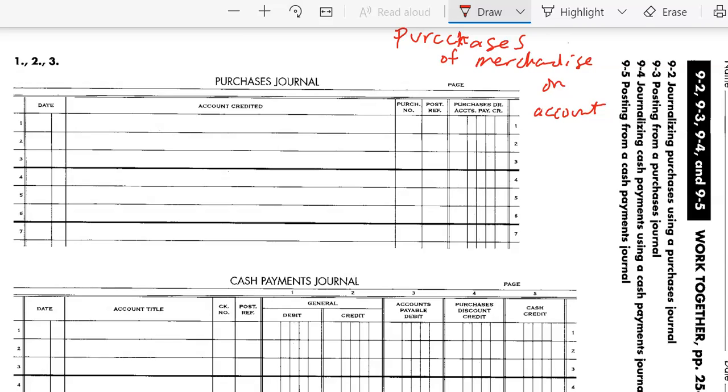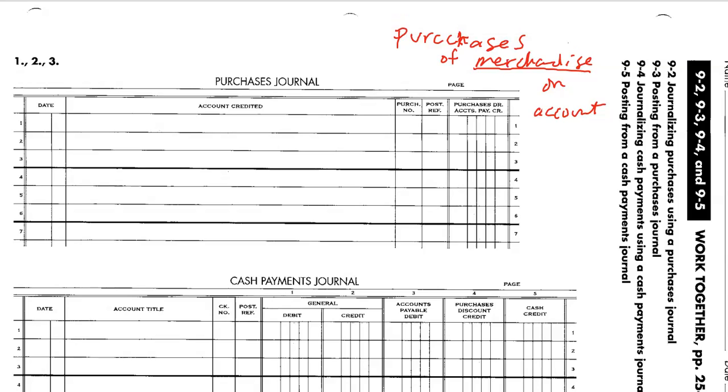Okay, so we as the business are purchasing merchandise. So what is merchandise? That's not just any purchase. It has to be a purchase of merchandise. And for accounting purposes, merchandise represents those items that we are going to mark up the price and resell. Let's take an example of Academy Sports. Academy Sports sells all kinds of athletic apparel, tennis shoes, running shoes, basketball shorts, shirts, and equipment.